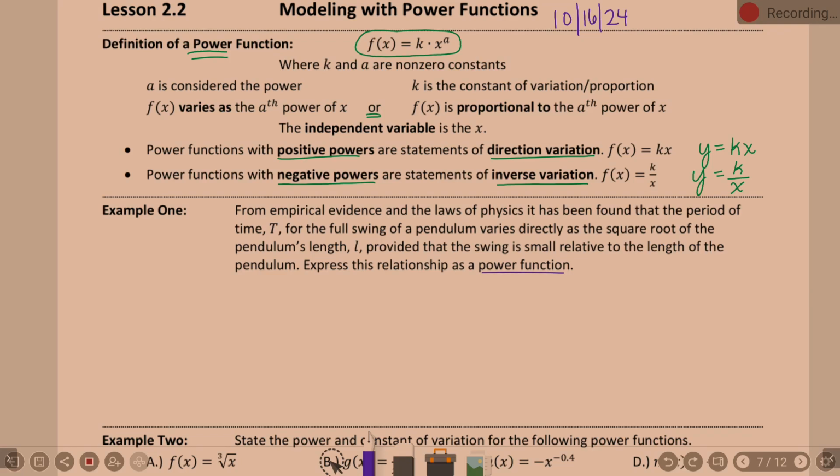So, I'm going to go back and get some key things. Let's see. The period of time, t, so we're going to use t for the period of time.